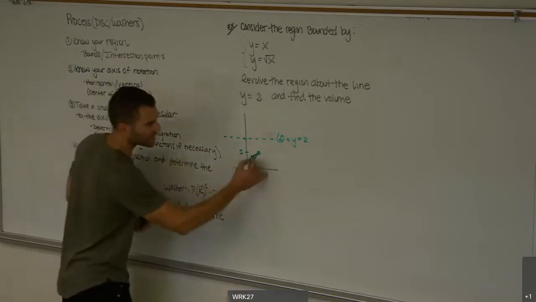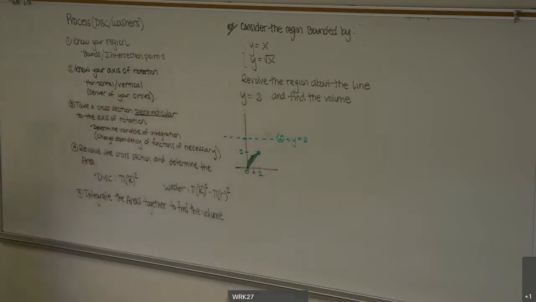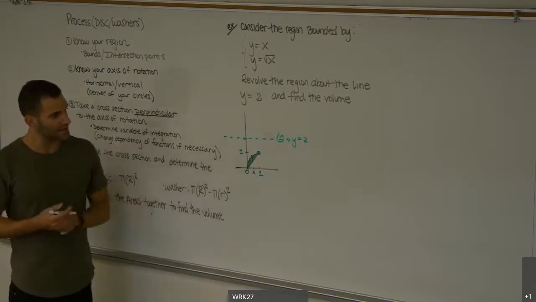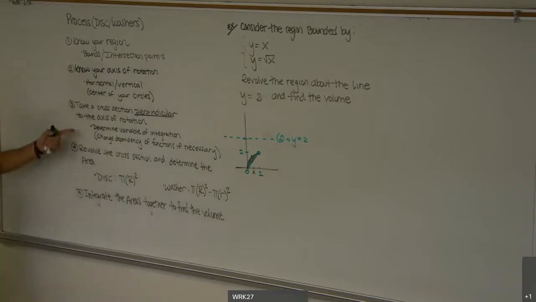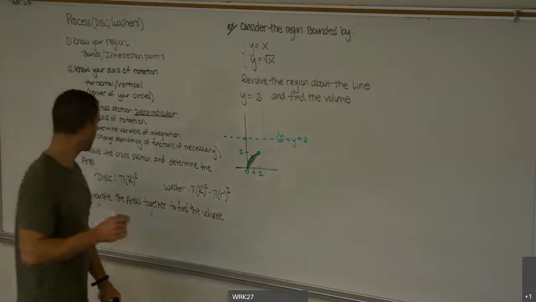At some x value, we make a vertical cut perpendicular to the axis. So I cut my region, a very small slice, at some generic x value between 0 and 1. That means I need to make sure all my functions are in terms of the x variable. They already are, so we don't need to change dependencies, like we did in the previous discussion. I then revolve the cross-section and determine the area.